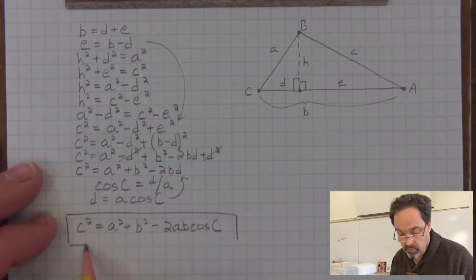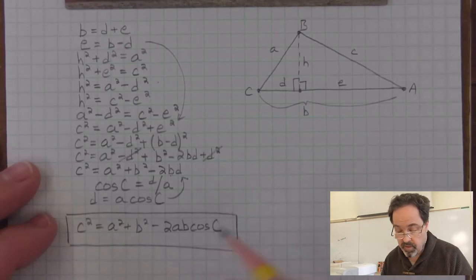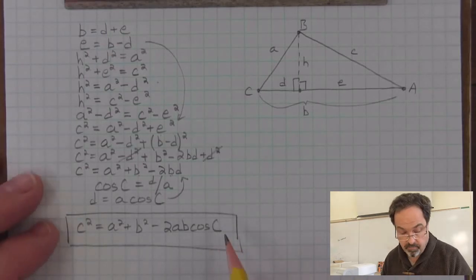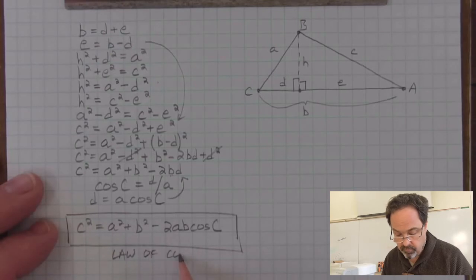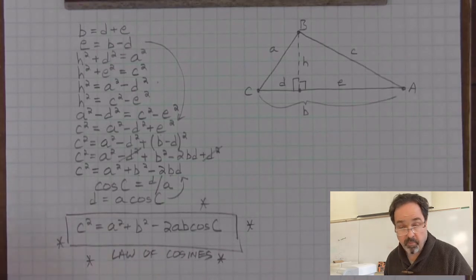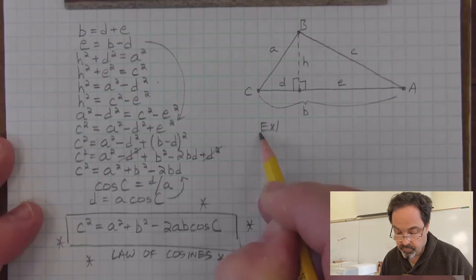When it was discovered, it was so useful for expanding the knowledge of a triangle by being able to relate 3 sides and an angle that they called it a law, the law of cosines. The word law doesn't make it any more special than any other mathematical relation or truth in mathematics, but it was so impressive when it was discovered that they used that word. Let's use it in an example.